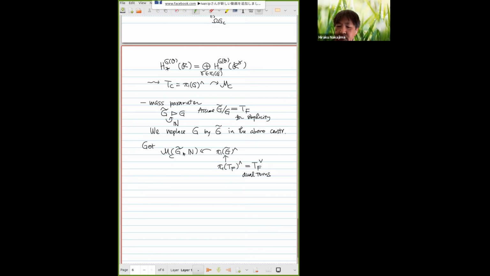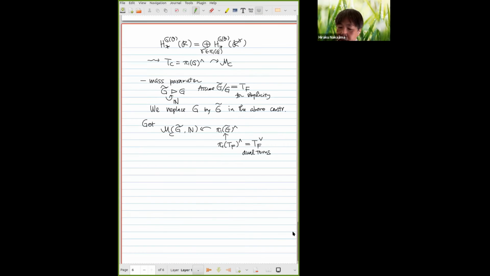So the dual torus is acting on this Coulomb branch, and you can show that the original Coulomb branch, MC of G of N, is a symplectic reduction of this larger Coulomb branch with respect to this torus action.